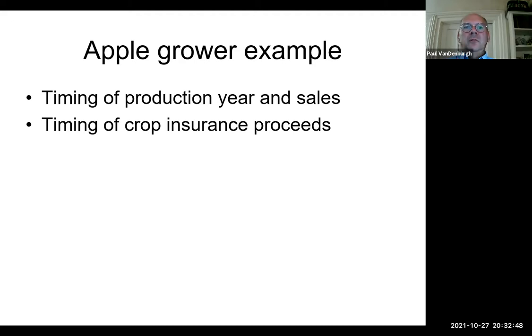If the crop would normally be produced this year and sold next year, produced this year, put in cold storage, sold next year, if I have a big loss and I have crop insurance proceeds replacing that normal sale that would have been next year, I can make an election and have the crop insurance proceeds actually taxable next year. That's a timing game. And that's about where I'm going to go with our apple grower example at this point.